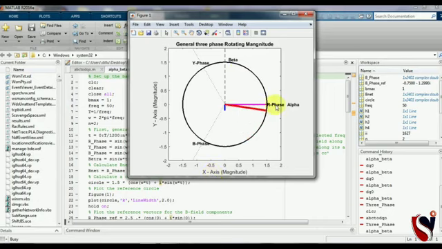The rotating vectors are associated with these 2 quantities only, not the 3 phases. Here you can see the 3rd phase is 0, and these 2 quantities alone control the red line, and it shows the alpha and beta values, and these 2 quantities alternately change the values. So this is all about alpha beta.